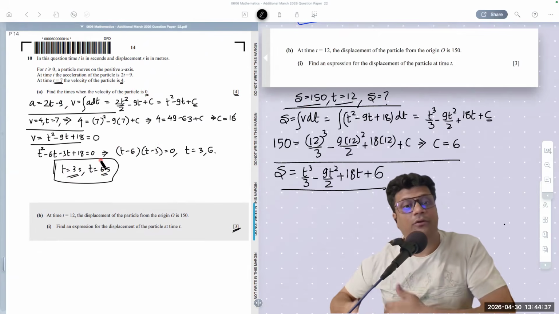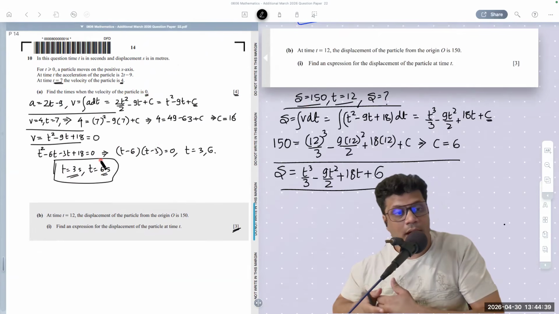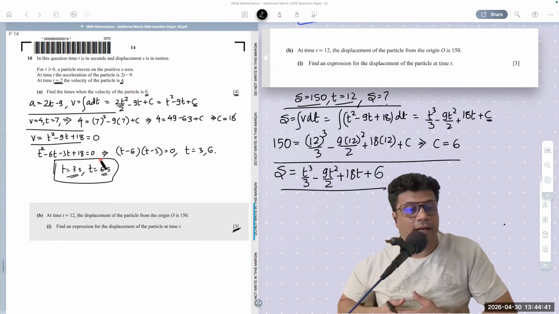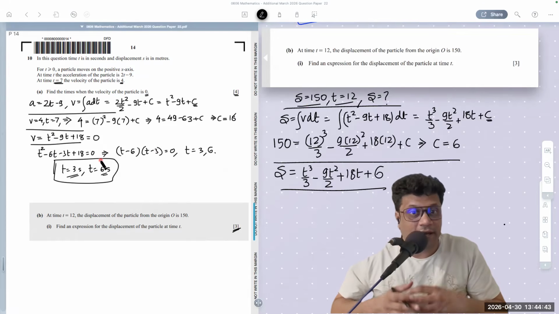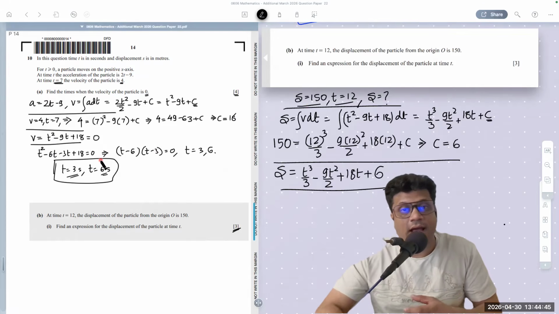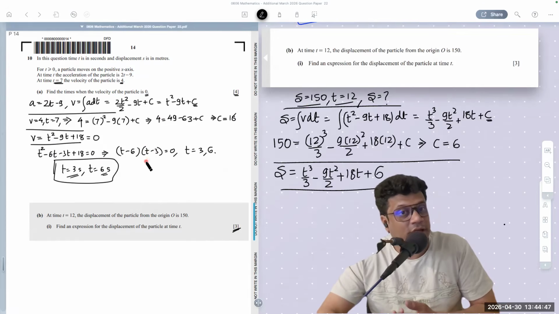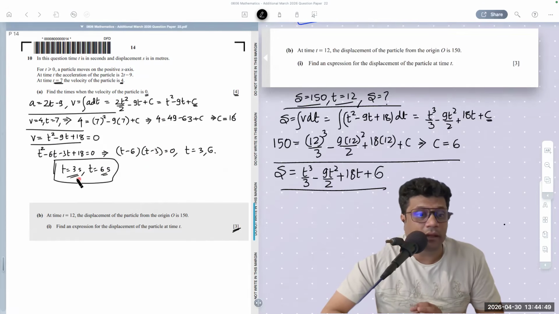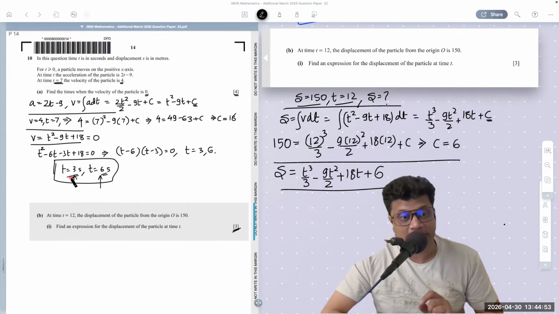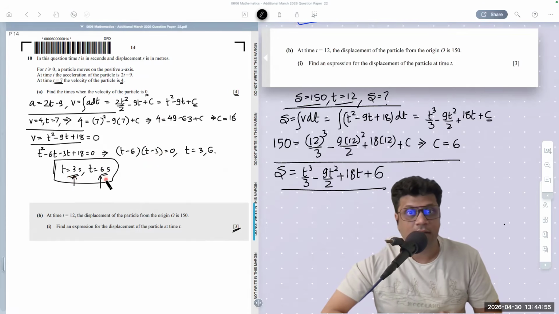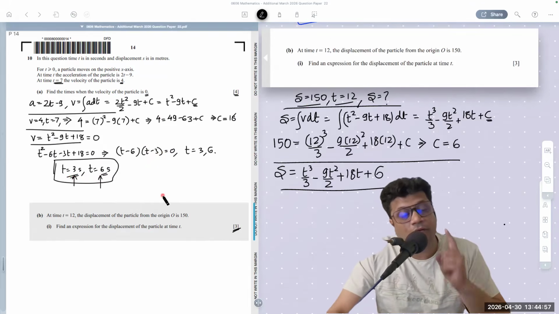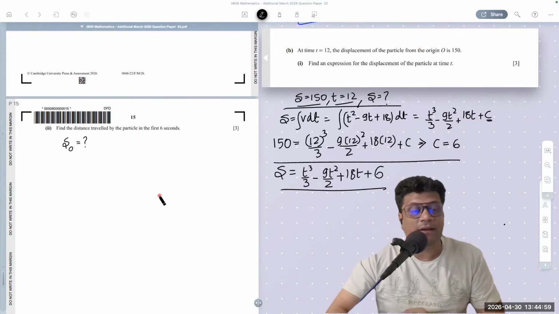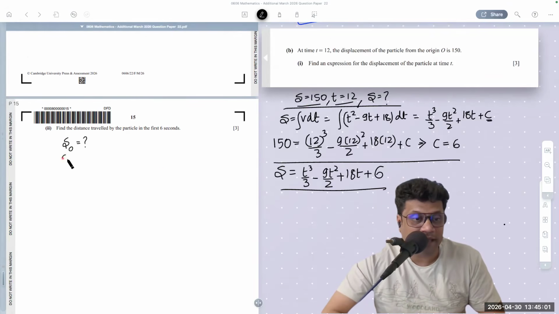Well, I can't tell you that it has literally turned at those 2 points unless I find out the velocity values. But these happen to be critical points for sure. These 3 seconds and 6 seconds. These are critical points.